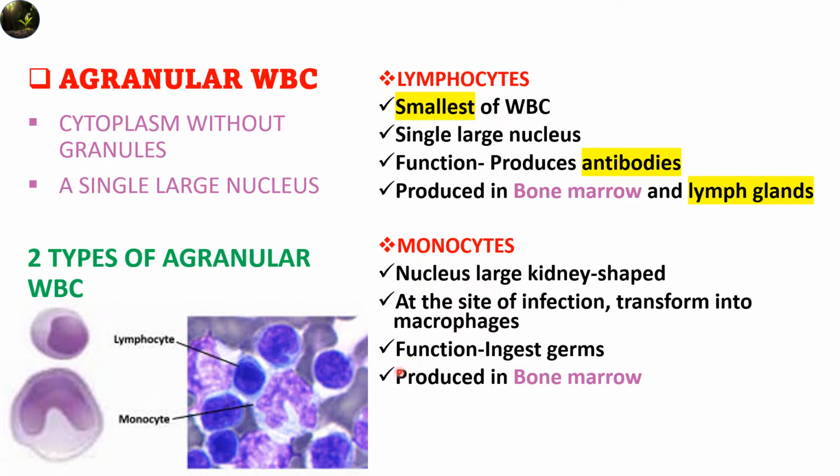Then what is the function? It ingests germs. That means it will engulf bacteria. That process we call phagocytosis. You already learned this term from circulatory system part 1. Then where is it produced? It is produced in bone marrow. Monocytes are produced in bone marrow.